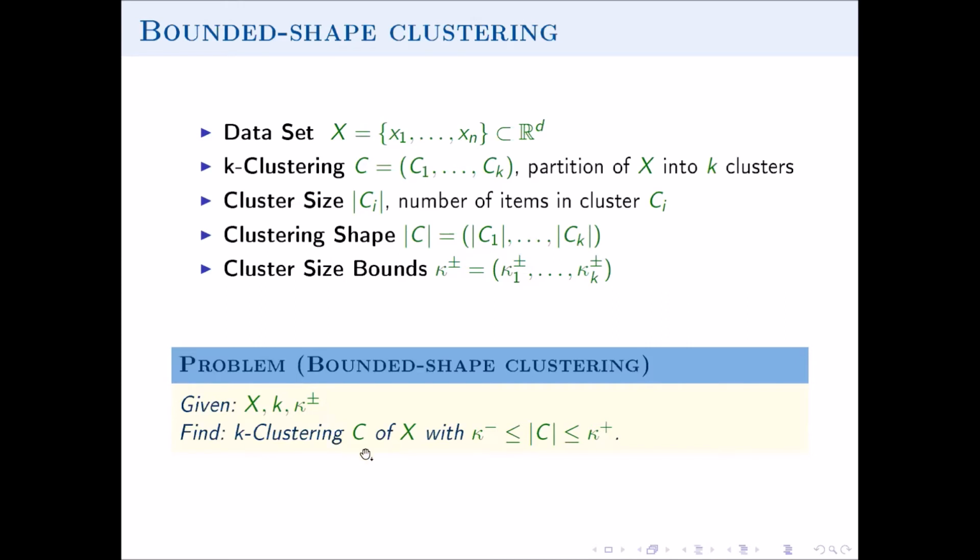We'll get into that a bit later. So this is a generalization of typical clustering tasks. If you specify trivial bounds here, like a lower bound of 0 or 1, and upper bounds of just the number of items, you would have clustering tasks that do not underlie cluster size restrictions.